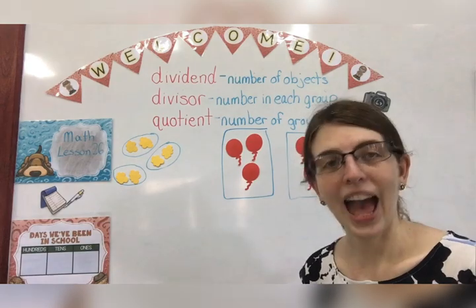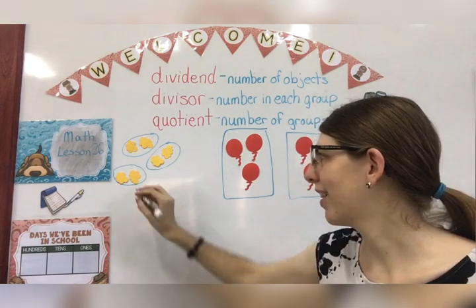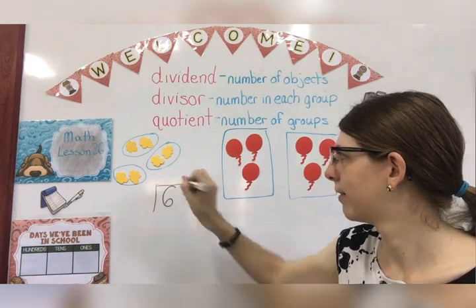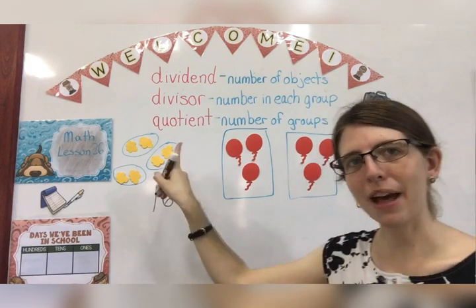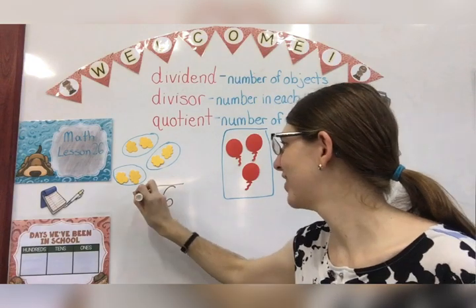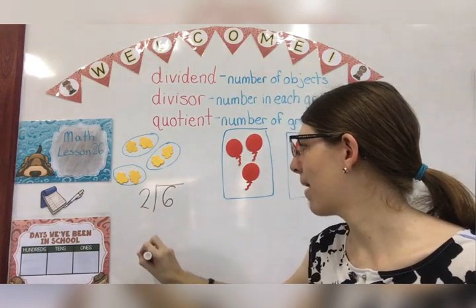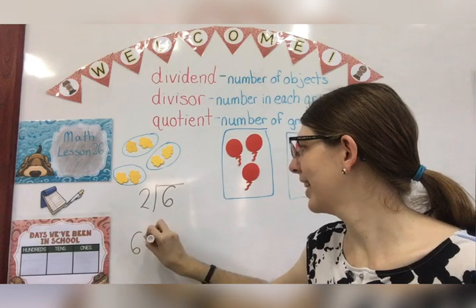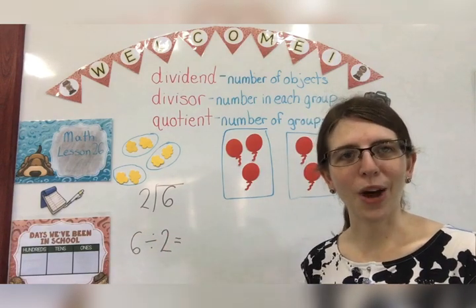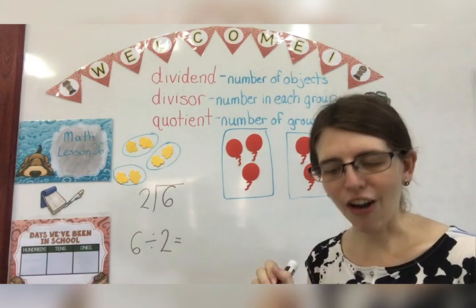How many rhinoceros beetles are in each group? I have in this group 1, 2, 3, 4, 5. How many palomitas are in each group? Very good. So I have 5 in each group. When you're dividing, you're going to have the same number in each group when you divide evenly. So now I want to know how many groups in all.